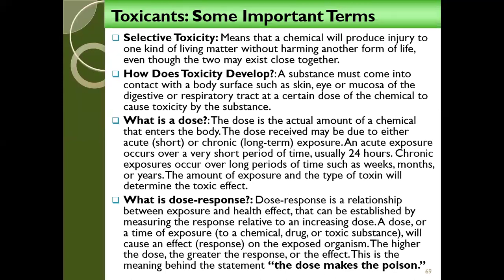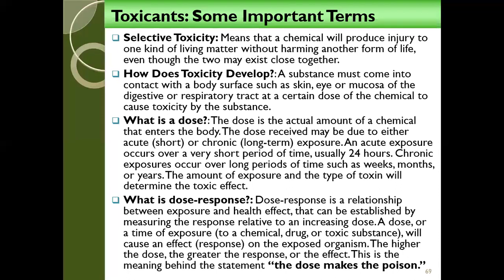Now, what is a dose? The dose is the amount of chemical that enters the body. The dose received may be due to either acute, that is short term, or chronic, that is long term exposure.